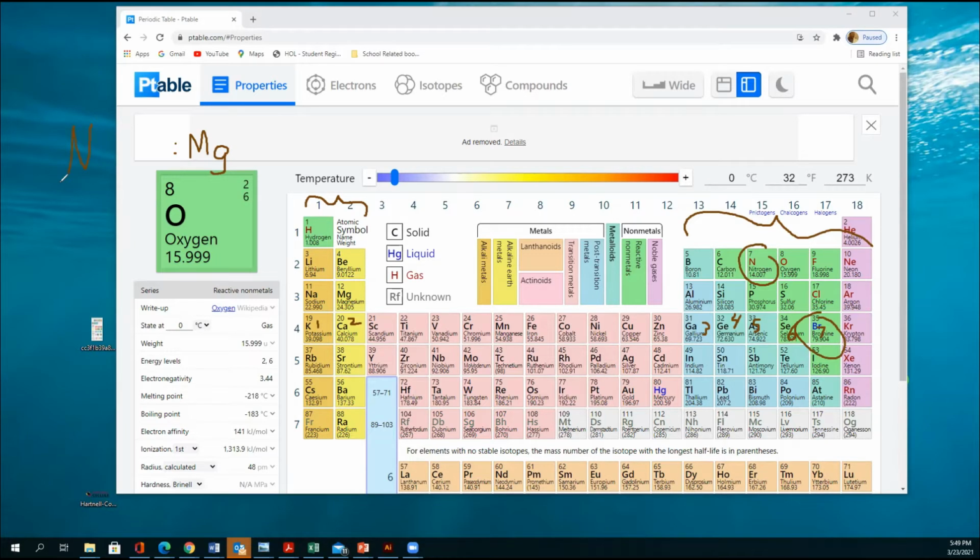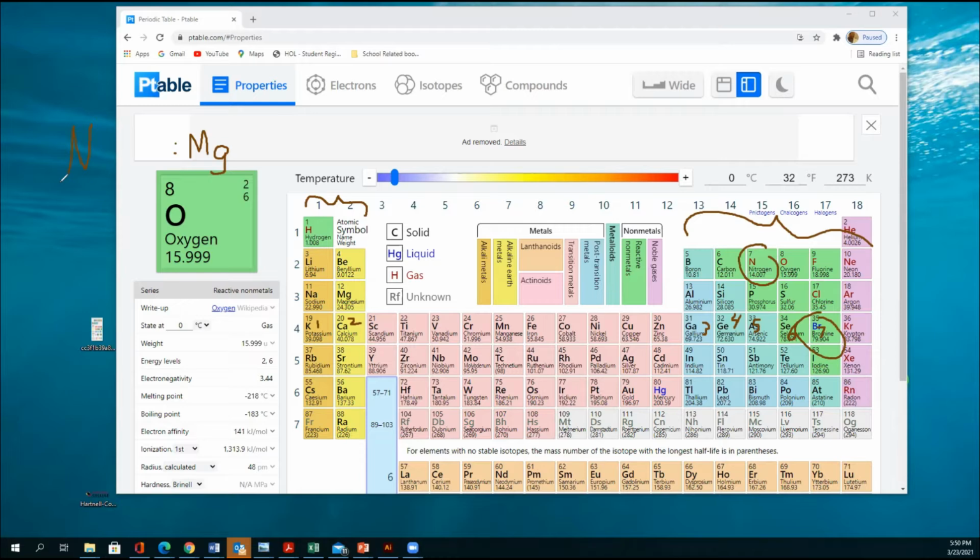What is the importance of valence electrons? Why is it so important to us? It tells us how many we need until we get to be a noble gas. I'm not really good at explaining, but that's how many we have, and then we need so many more to be a noble gas.